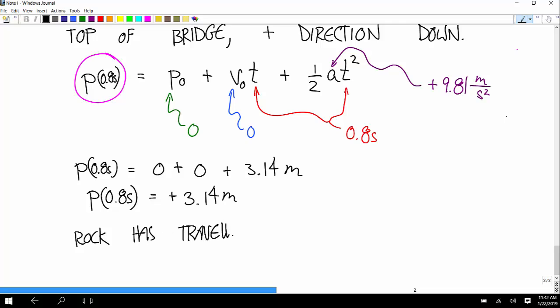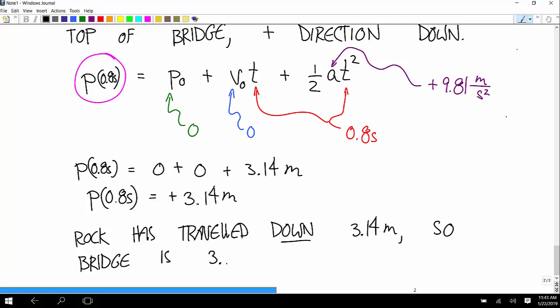So the rock has traveled down 3.14 meters. So the bridge is 3.14 meters high.